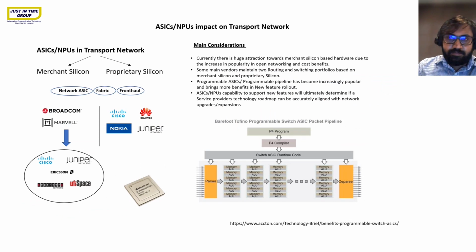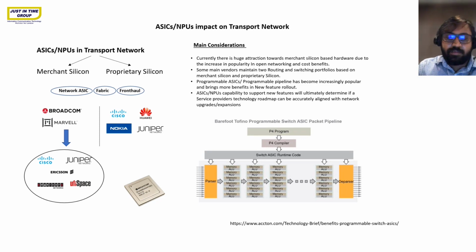And the other thing is application specific ICs and NPUs. This is an interesting area. If you look at modern telco equipment, most of them are from proprietary vendors, and the vendors make their own application specific ICs all by themselves, doing the designing and then the fabrication. But there's been a lot of attraction towards merchant silicon over the last couple of years, and there have been a lot of new merchant silicon vendors like Broadcom and also Marvell.